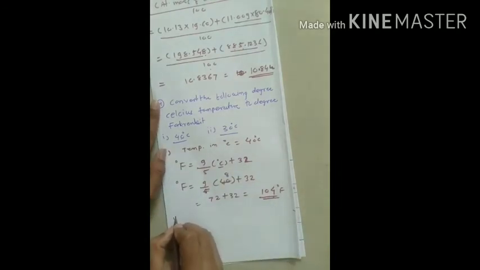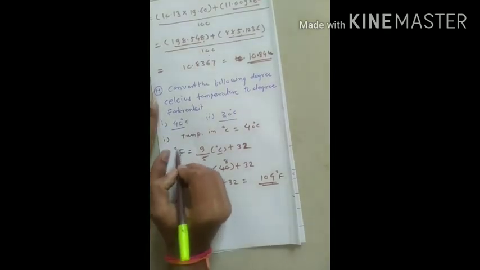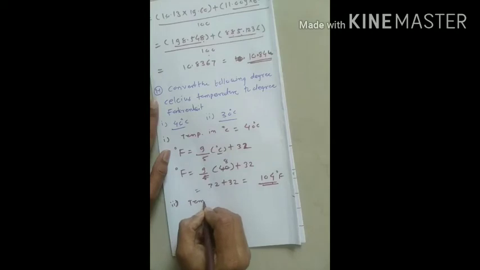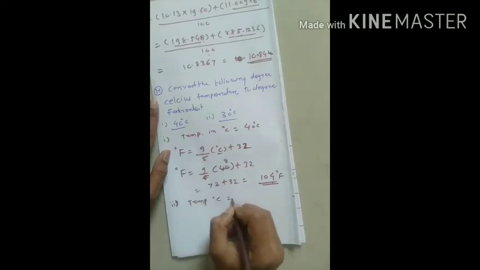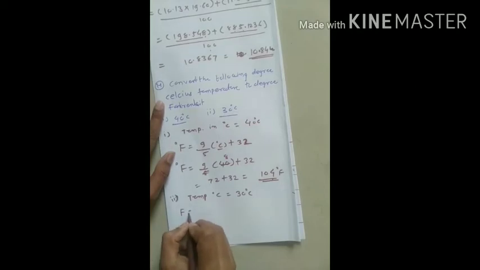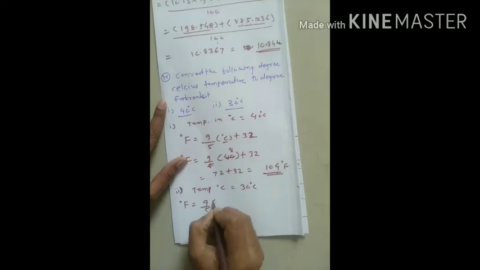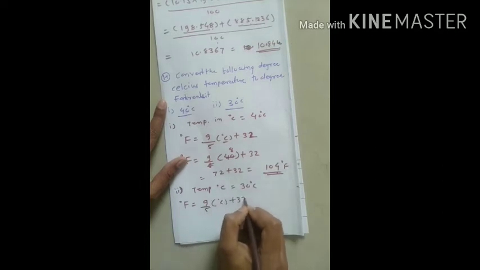Similarly for the second question, it is actually a very easy question, you just have to use this formula. In the second question, temperature in degree centigrade is given as 30 degree centigrade. Again I am using the same formula. Degree Fahrenheit equals 9/5 into degree centigrade plus 32.